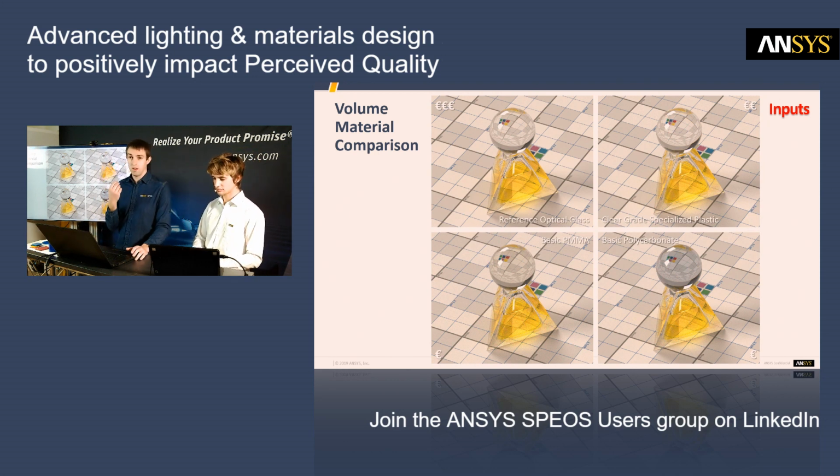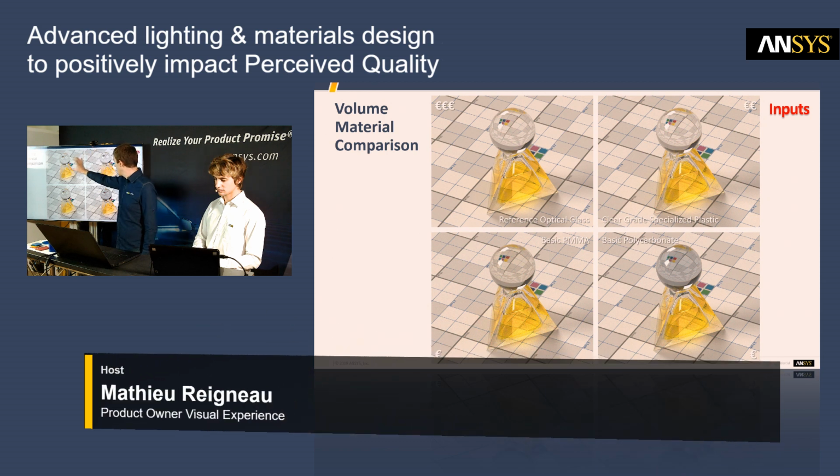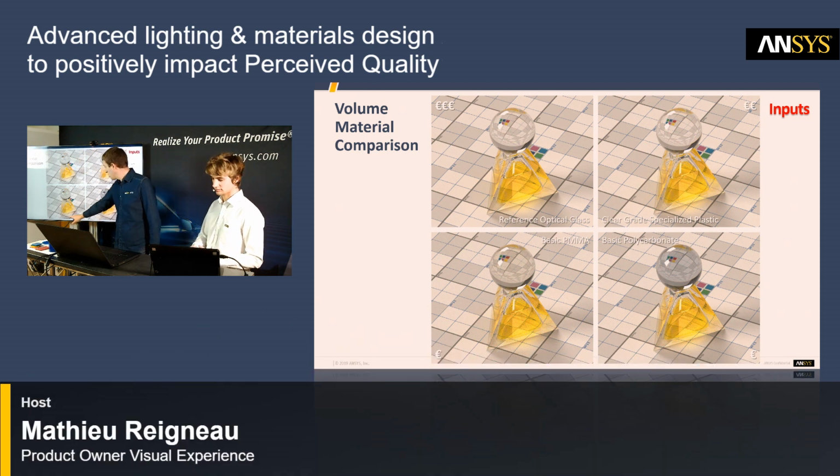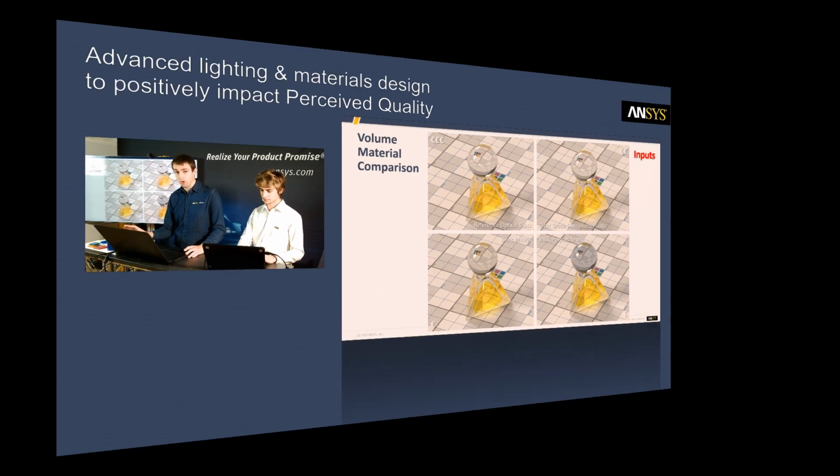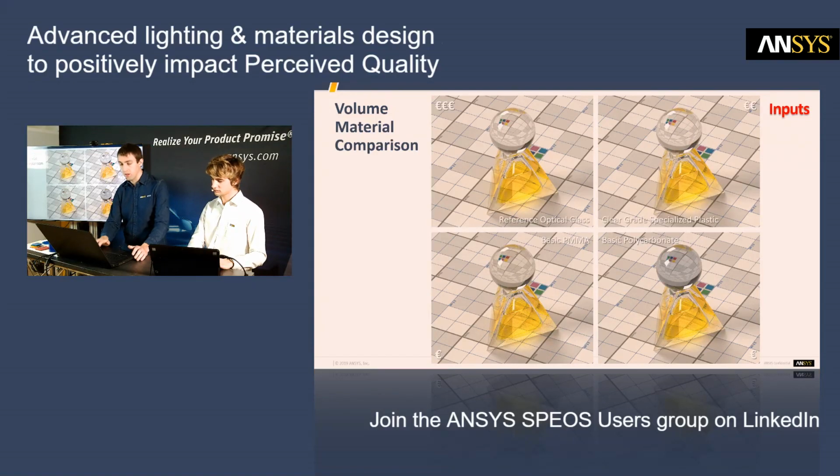But what's important for the consumer in the end is the perceived quality of the product. So when selecting a cheaper material, you have to make sure that the perceived quality of your concept still matches your design intent, and that's something you can do through simulation, still using inputs from measurement.